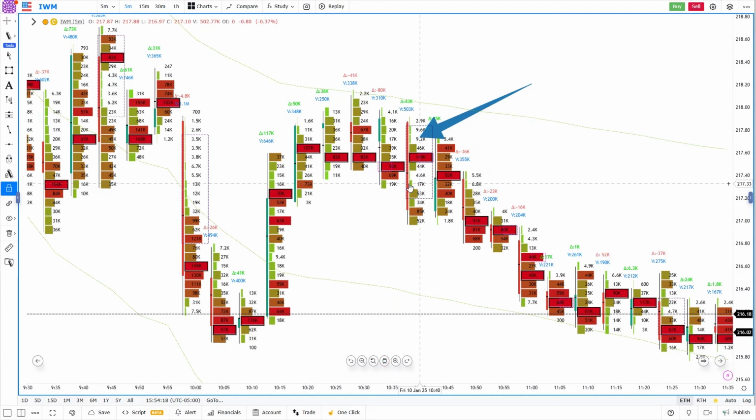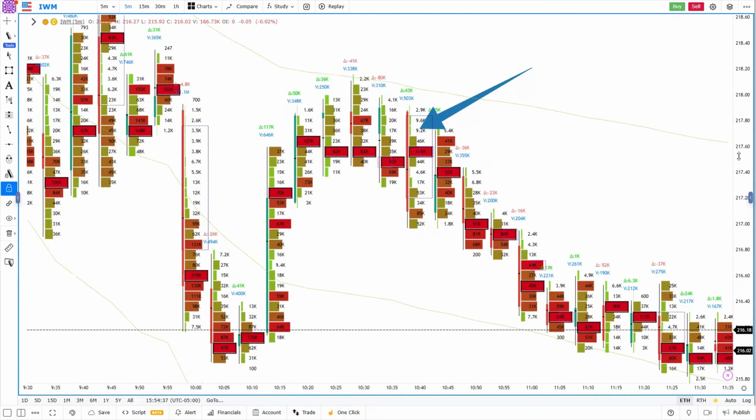But what you are now seeing with order flow is you're actually able to look inside of the candle at each price point to see where volume was the heaviest or the least, right? So in this candle, you're seeing at this price point, this 145,000 in volume, right?